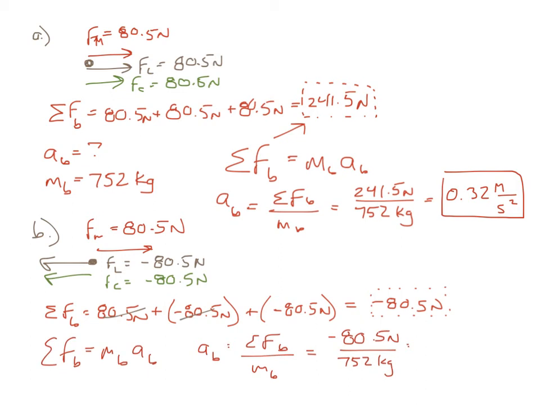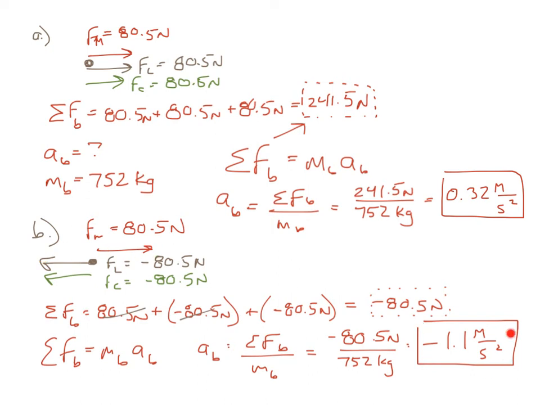That leaves us with an acceleration of the boat in the negative direction. It's going to be negative, rounded, 1.1 meters per second squared. That's our final answer.